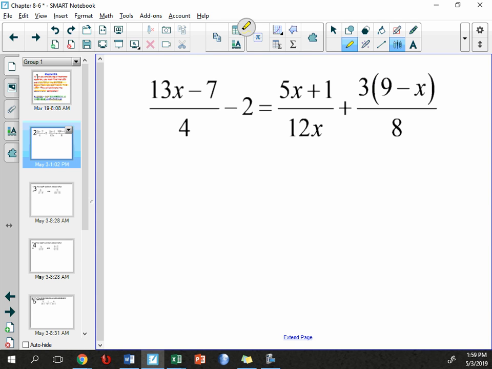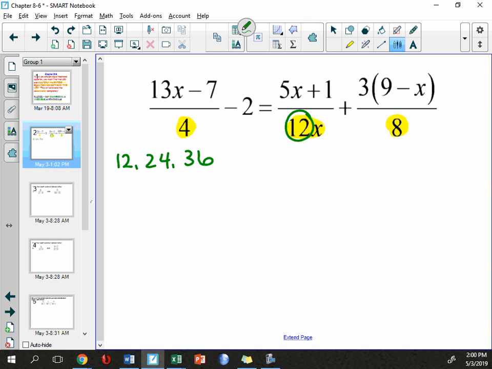Now, how do I get rid of the fractions in this problem? First thing I need to do is locate each fraction. So the denominators that I have are 4, 12x, and 8. And I'm going to look at the 12, and I need to find the multiples of 12. 12, 24, 36. I'm going to stop, and I'm going to ask myself, does 4 go into 12?